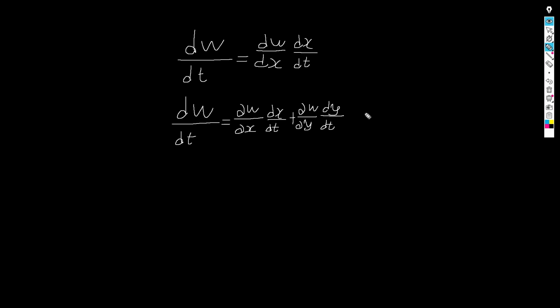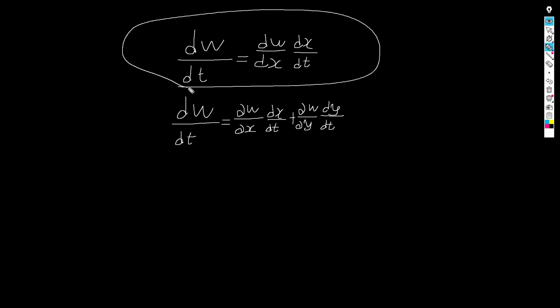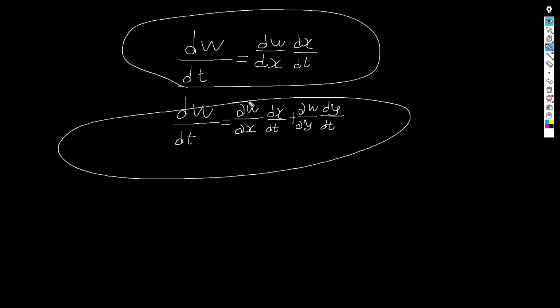And I hope you're starting to see some kind of pattern here. If w is a function of one variable, which is a function of one variable, this would be the chain rule. And then if w is a function of two variables, which were functions of one variable, then this would be the chain rule.